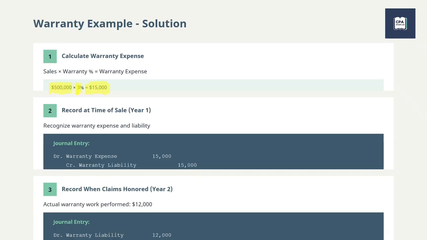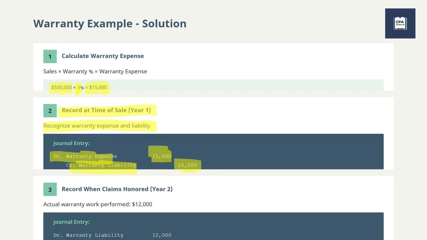This is our warranty expense. When do we record this? We record it at the time of the sale, so we recognize it in the year of the sale. What is our journal entry? Debit warranty expense for $15,000 and credit warranty liability for $15,000. We record this in year 1.